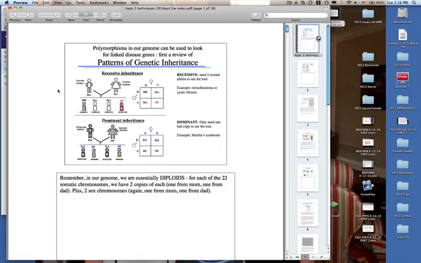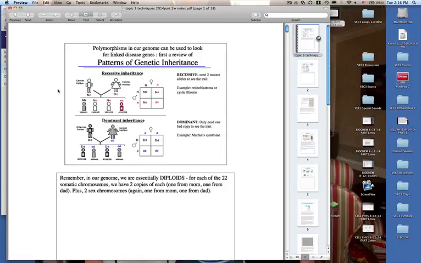When you put their chromosomes in these little Punnett squares, you can essentially assign a square to each of the chromosomes from the inheriting parent, and then you just do the crosses, and you see that a quarter of the time we've got affected individuals that have inherited both mutant copies, one from mom and one from dad.